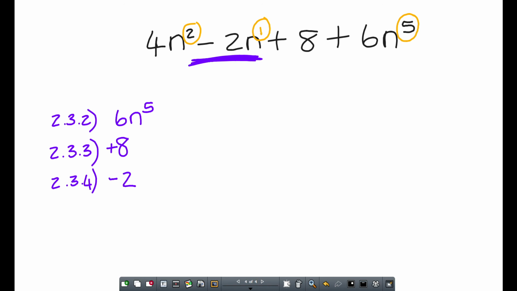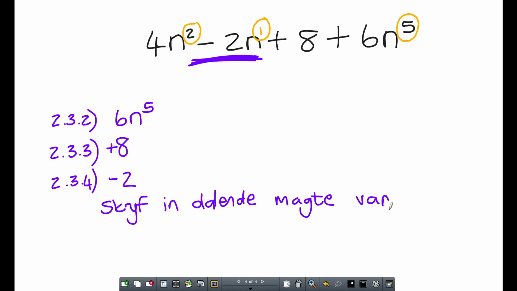Okay, so dan noem ons dit minus 2. You have to include that sign as well. Okay, is jy reg? Goed. Kom ons sê, skryf gou hierdie, dis nou nie deel van die vragies op julle pakkie nie, maar ek skryf nou net gou vir jou. Skryf dit vir my in dalende magte van n.